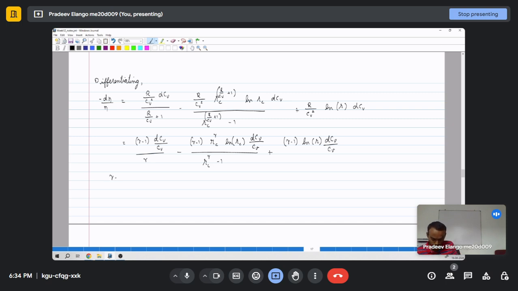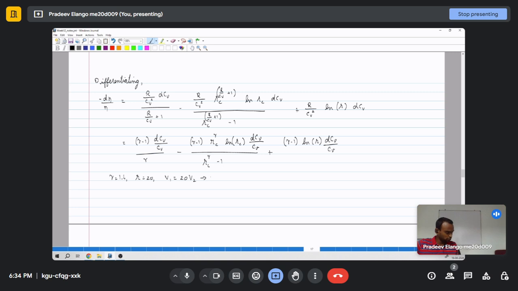So now we know gamma is 1.4 and V1 by V2, that is r, is 20 and given, so that means V1 is equal to 20 of V2.